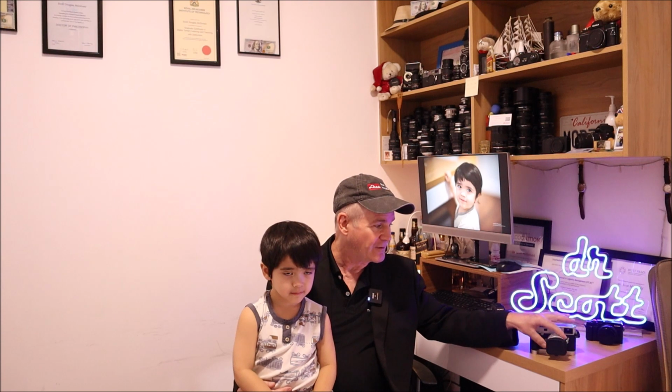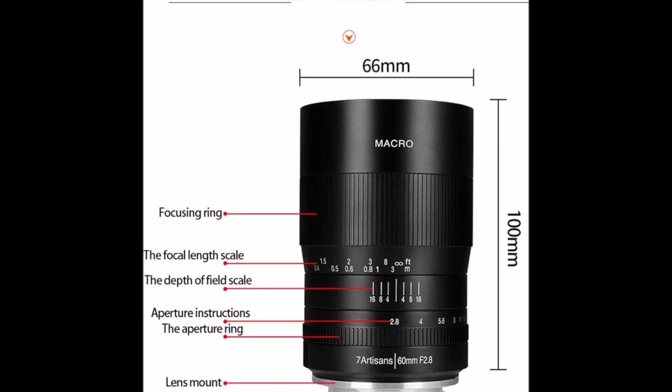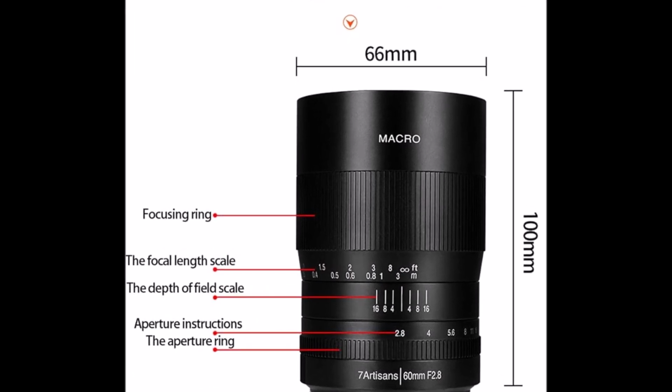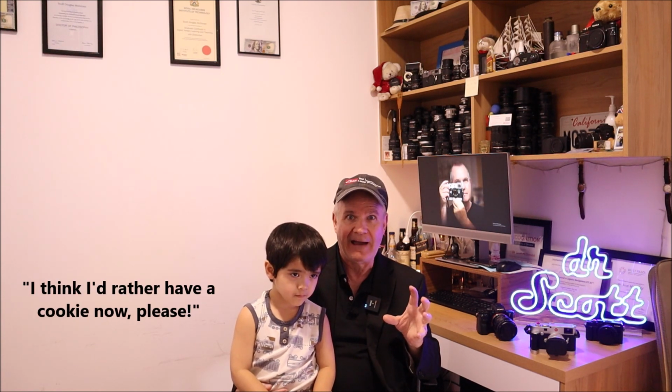So, on manual focus lenses particularly, you're going to find an aperture ring. You have a focus ring and an aperture ring, and the aperture ring is going to have little numbers on it. The most common wide open, large aperture lenses are 0.95.